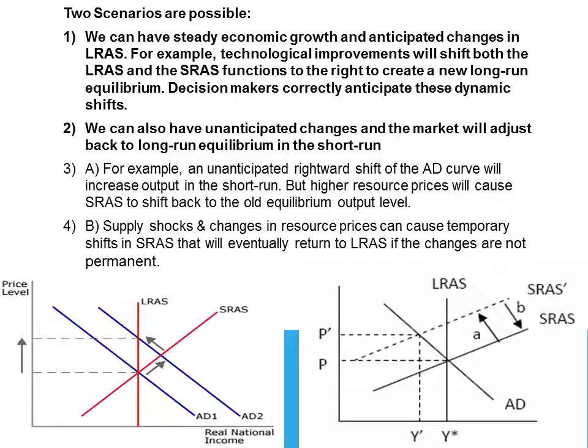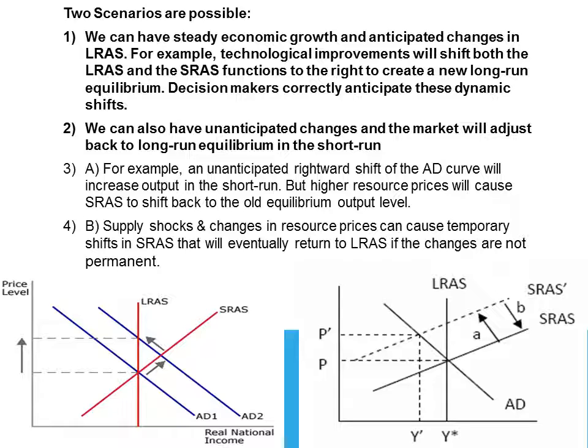When using this economic model, two main scenarios are possible. Number one, we can have steady economic growth and have anticipated changes in long-run aggregate supply. For example, we can have technological improvements that will shift both long-run aggregate supply and the short-run aggregate supply functions to the right to create a new long-run equilibrium.